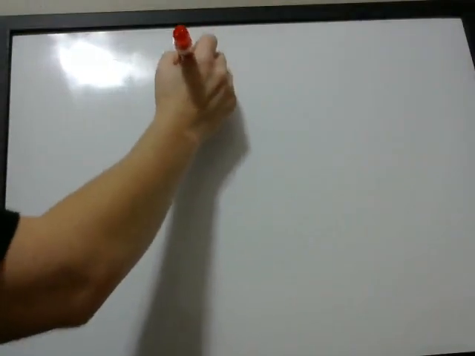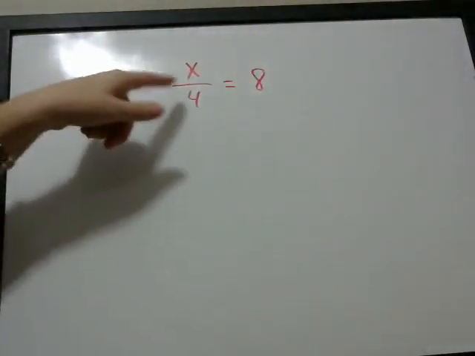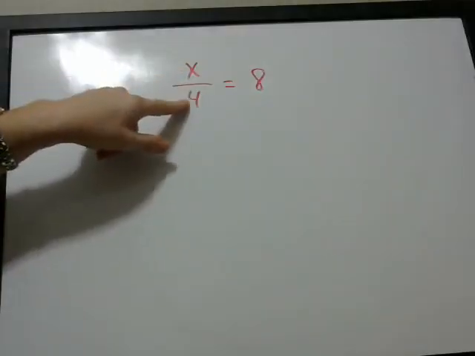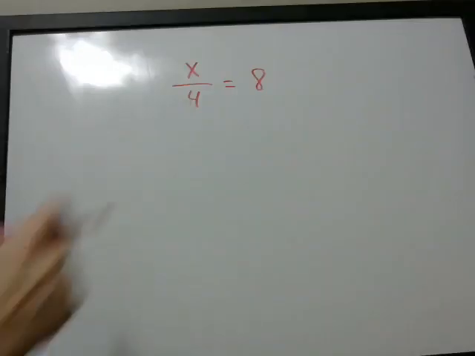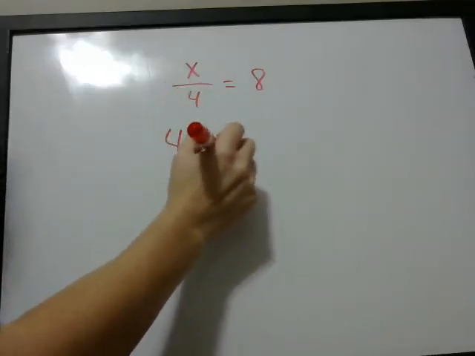Now let's say we have a division. Let's say we have x divided by 4 equals 8. So here we have x divided by 4. What's the opposite of division? Multiplication. So to get rid of this 4, we're going to multiply by 4.